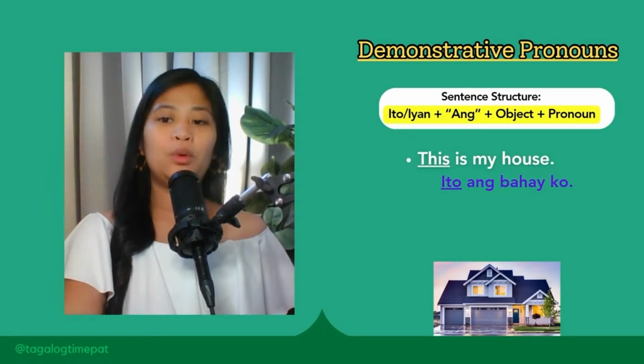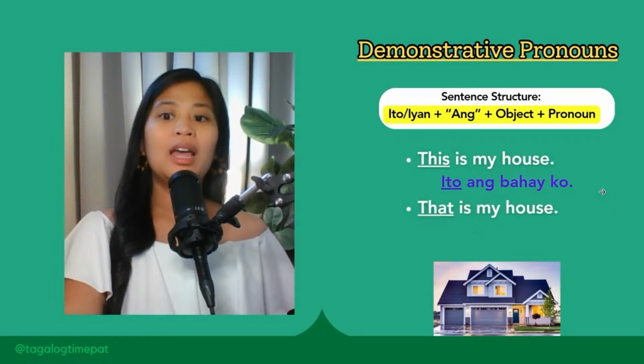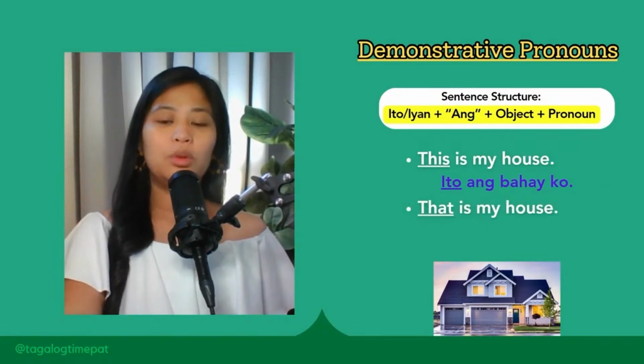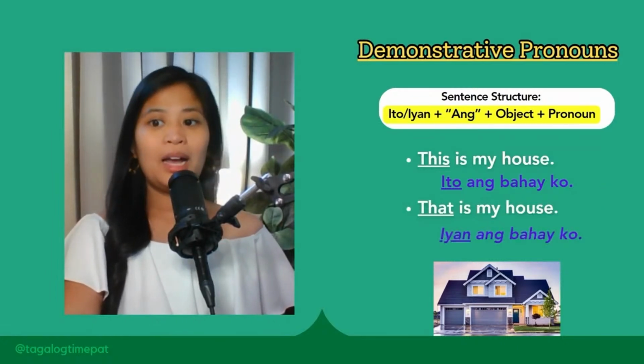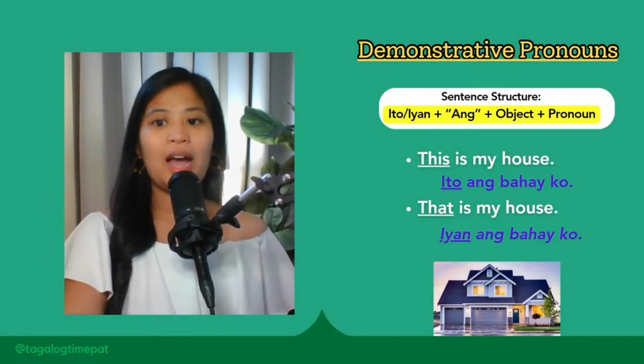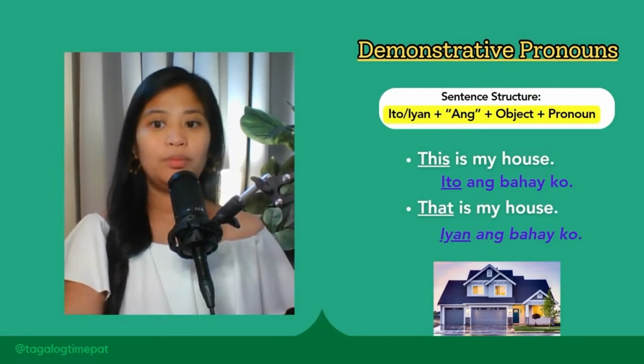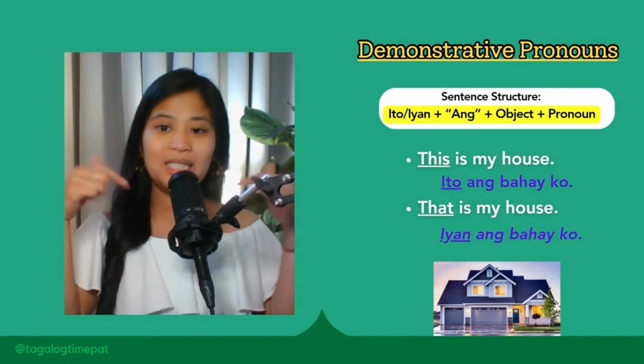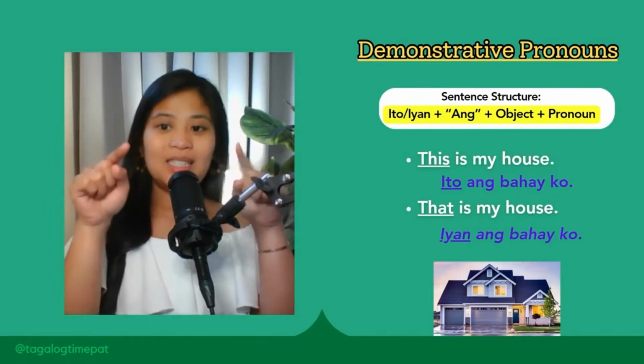So "ito" goes first, then it's the word "ang," then it's "bahay," and then it's the pronoun. That is my house would be "iyan ang bahay ko." So "ito" means this, "iyan" means that.